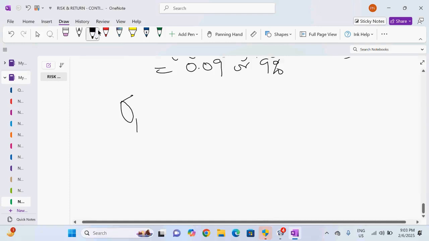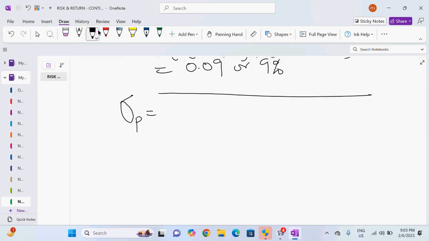You're talking about portfolio, right? Not the individual asset. So what's the portfolio formula? I gave the formula as the weight of A, standard deviation of A. You can bring the squared, or put them in brackets, any way you do it. Plus the weight of B, standard deviation of B squared.